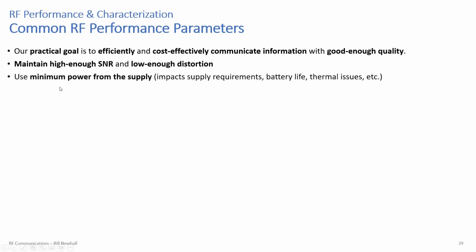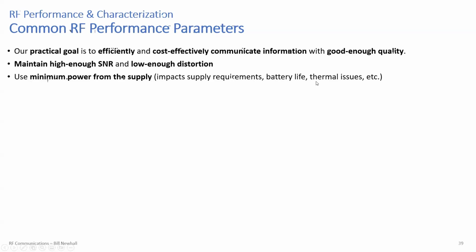We also want to use, especially if we're battery powered, a minimum amount of power from the supply, because this impacts the supply requirements, right? You don't want to transmit 1,000 watts if only 10 watts is needed. You don't want to use too much transmit power because your battery life will be short.